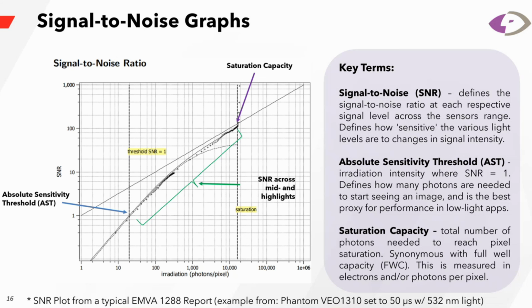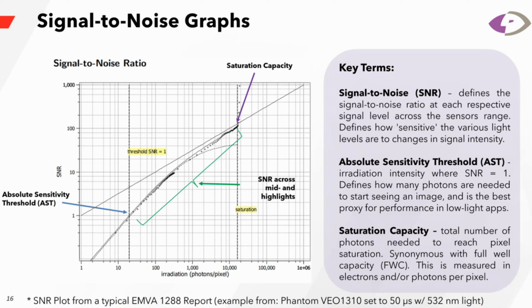On the right-hand side, with the purple arrow, you'll see the saturation capacity. This is the total number of photons needed to reach pixel saturation. This is synonymous with full well capacity. So this tells you exactly how many photons or electrons are needed to hit the pixel to give you a full signal right before saturation.